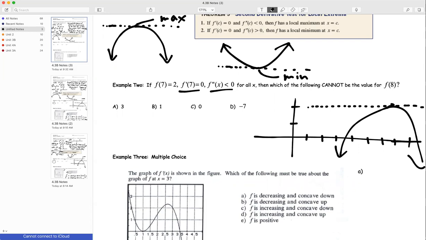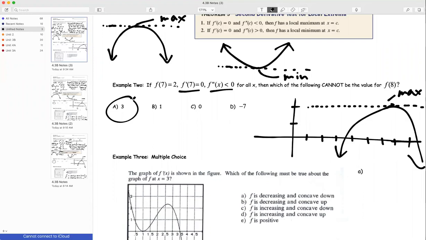So if this is the case, my theorem says that 2 has to be what? It has to be the max. So if 2 is my max, the function cannot equal 3.